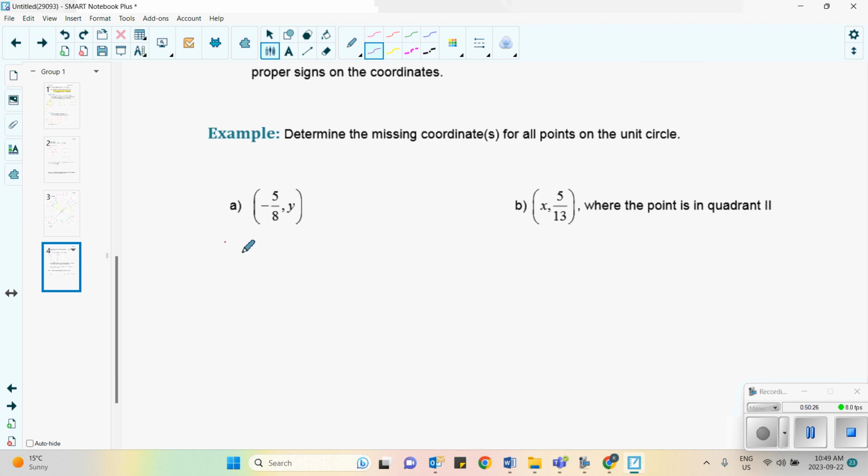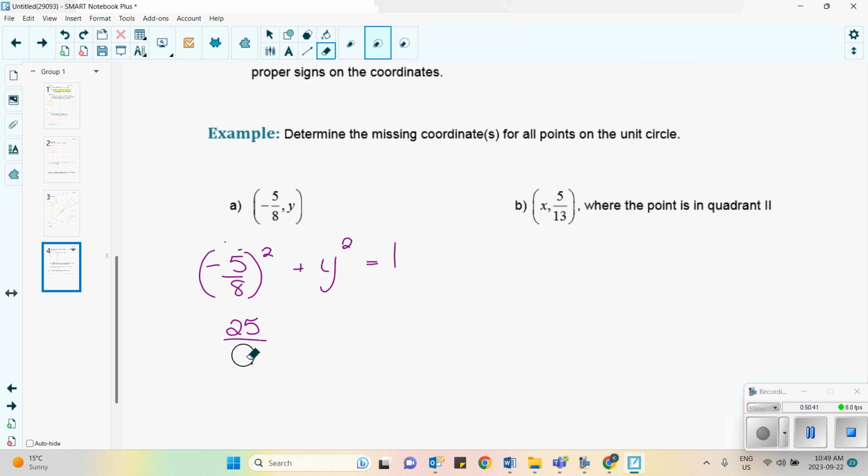All right, so negative 5/8 squared plus y squared equals 1. Oops, 64, you're right. I don't know why I was going with 16.